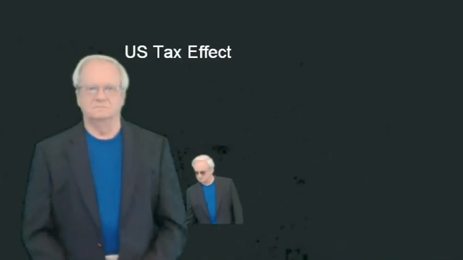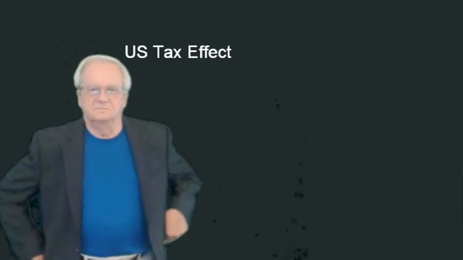For US tax purposes, since Subco doesn't exist, I look to my tax year to calculate my US tax. Subco, though, has its own tax in the UK, and it may be on a different year for UK tax. Let's look at some other implications.